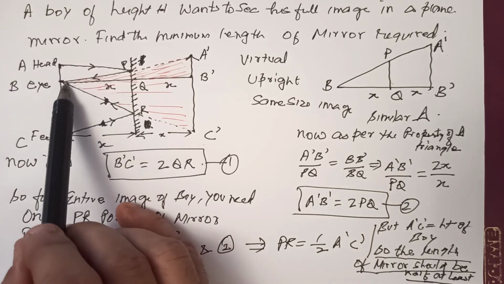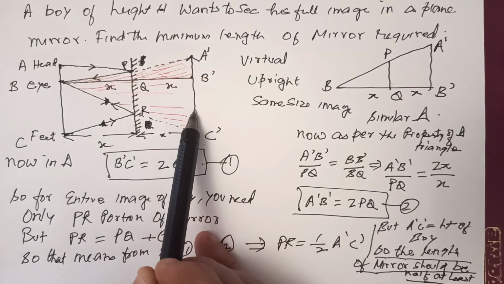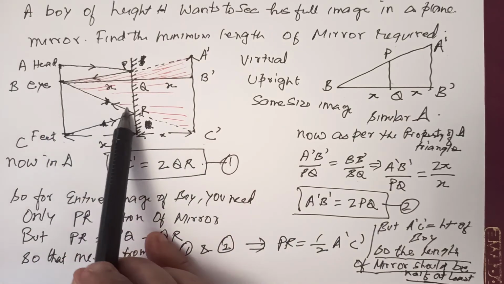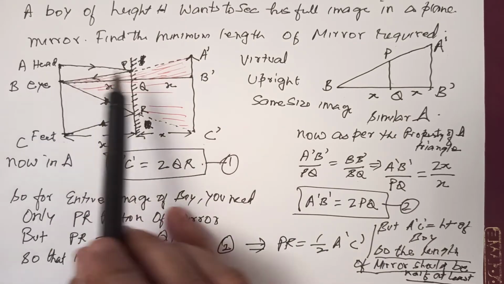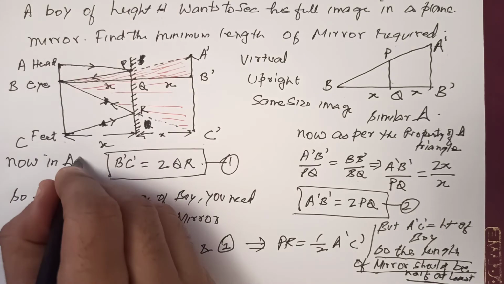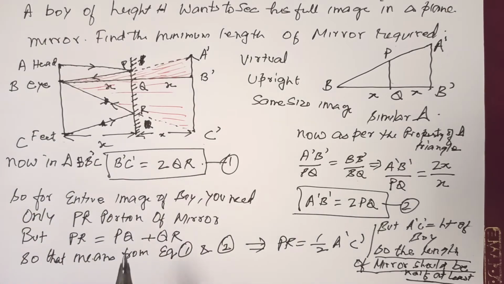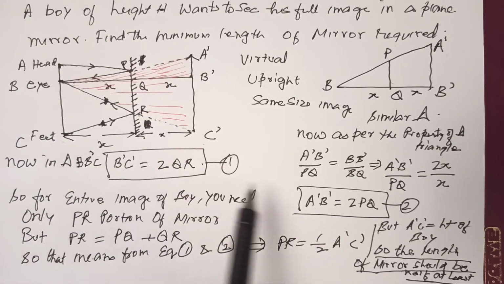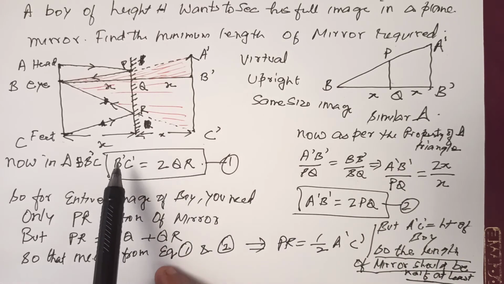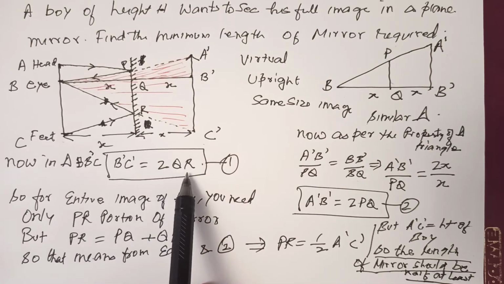Now go to this triangle, B, B dash C. In the triangle B, B dash C, you can prove in exactly the same fashion that B dash C dash is equal to 2QR.